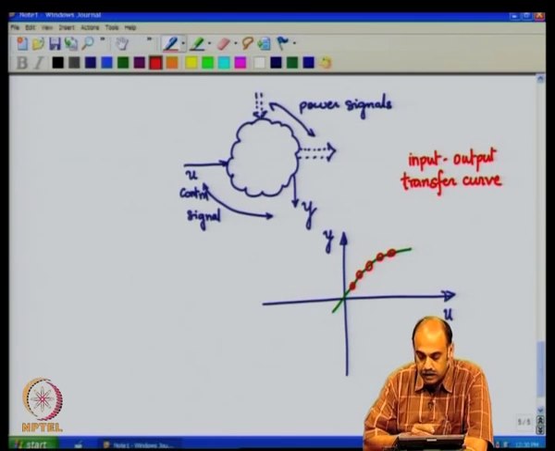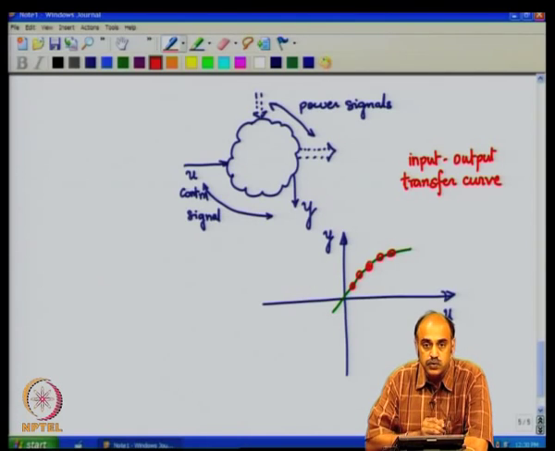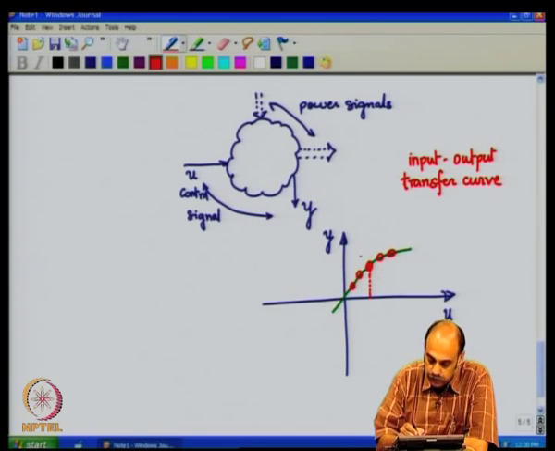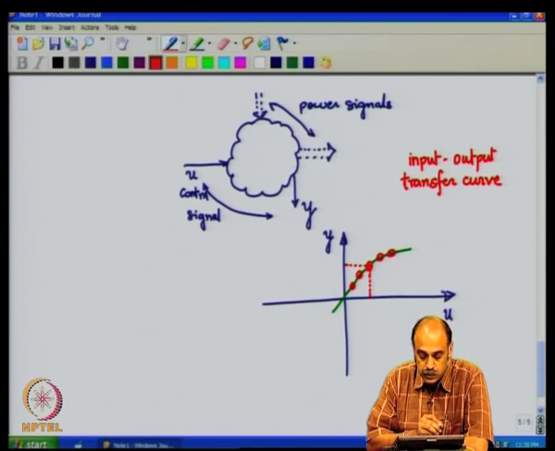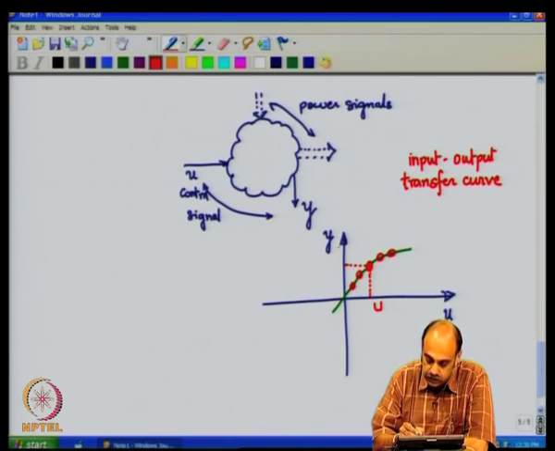Let us say a specific operating point, let me shade it as solid, the specific operating point shown like that, and if it continues to stay in that specific operating point, then we say it is in the steady state, and we say the steady state values are uppercase values like this.